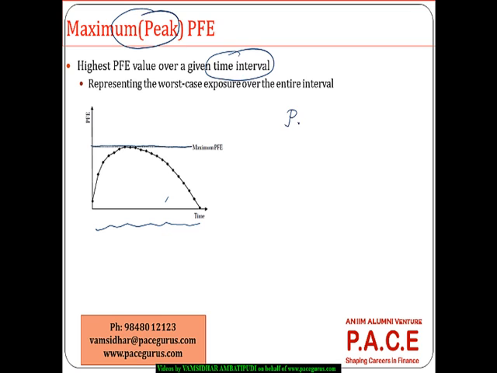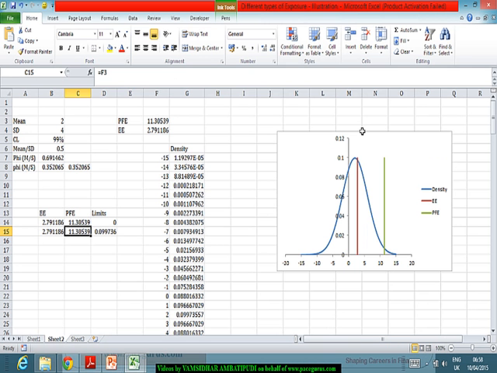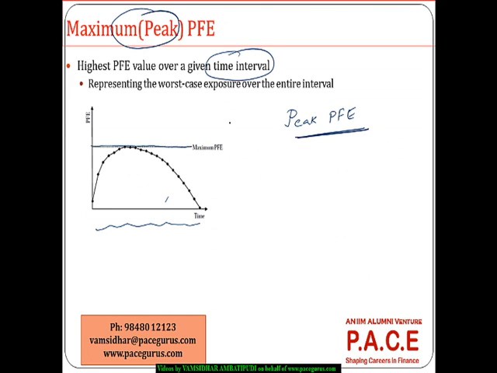That is what we call the maximum PFE or peak potential future exposure. So it's a kind of a worst case exposure across the entire time interval, right?